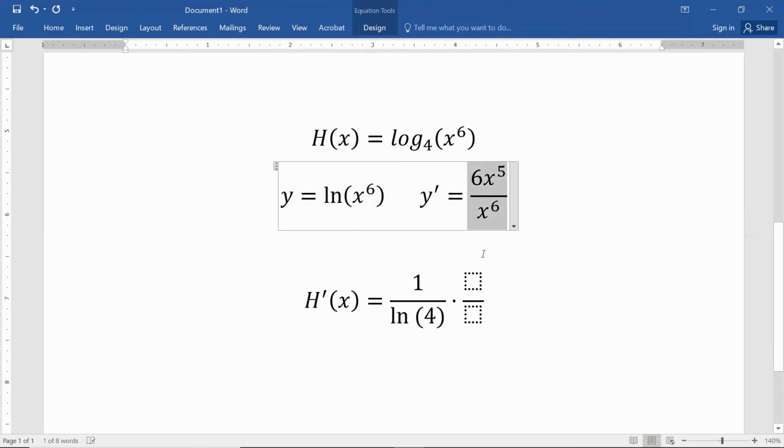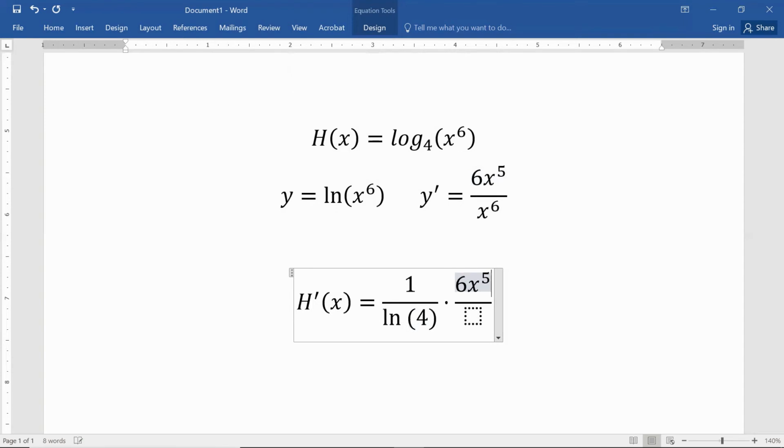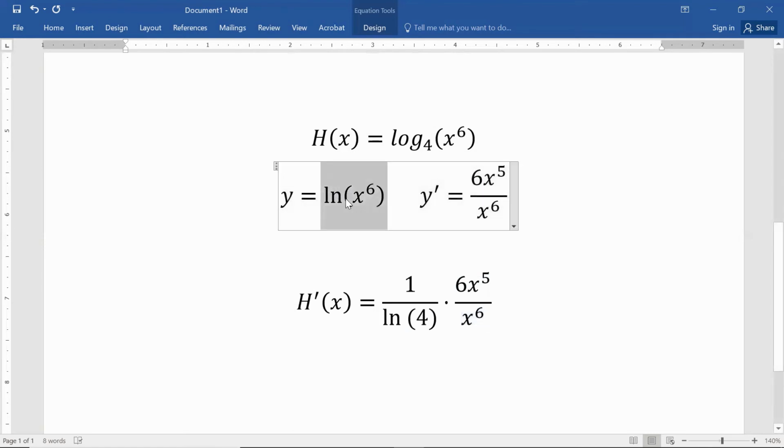And then the second fraction is going to be this one: 6x to the 5th divided by x to the 6th. So with natural log of x to the 6th, I put the normal function in the denominator and the derivative of the function in the numerator. Because I have a log base 4, I have to take that and then multiply it times 1 over natural log of 4.